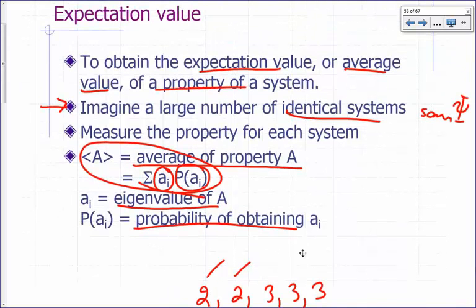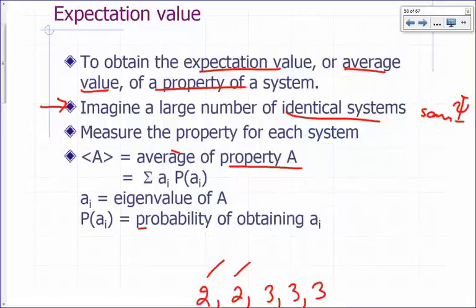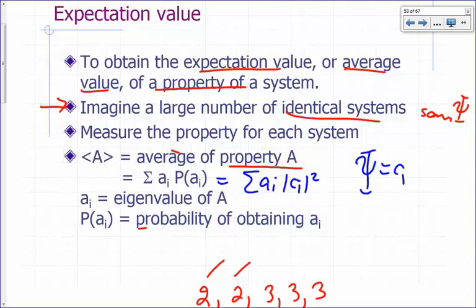But what do we know about the probability of A sub i? That's the summation of A sub i times c sub i squared, where big psi is just c1 f1 plus c2 f2, and so on, where f1, f2, and so on would be the eigenfunctions of operator A in this case.